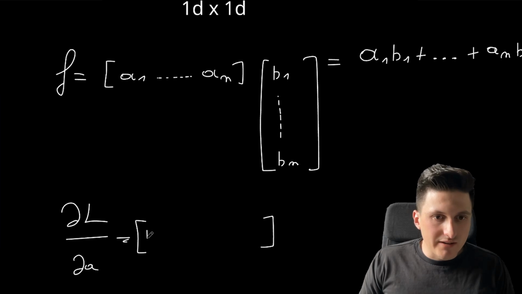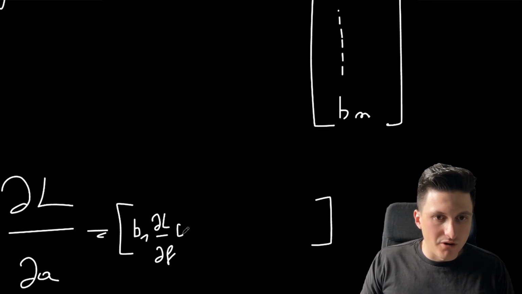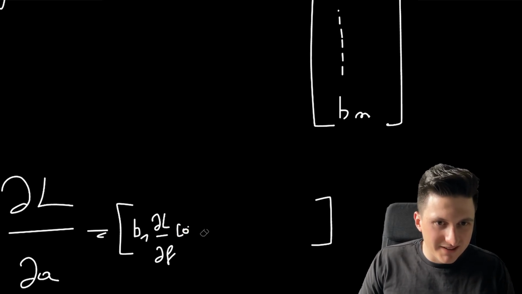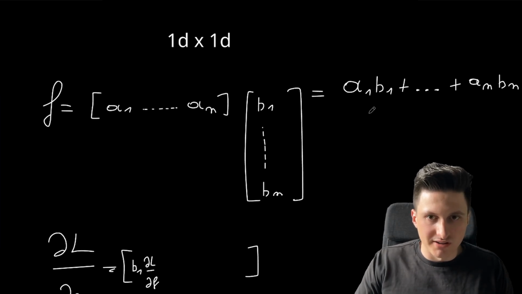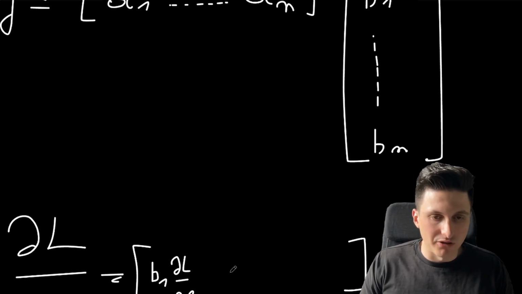So at this position, it will just become B1 times the derivative of the loss with respect to output, which is a single number. So we actually don't need to index into it. It will just be a single number, as the output is a scalar, so the gradient will also be a number.